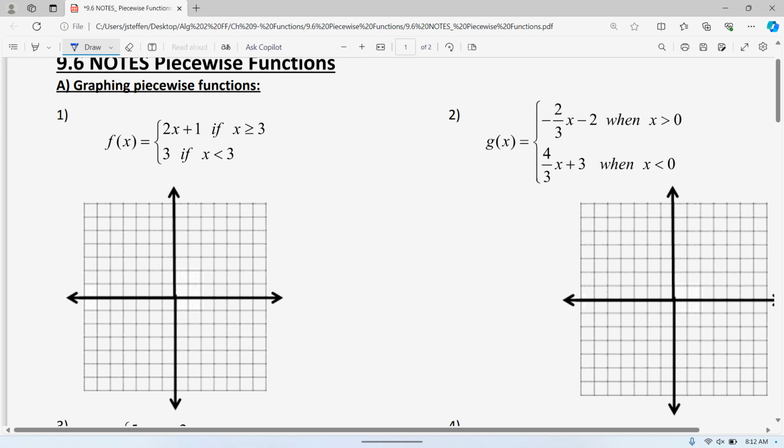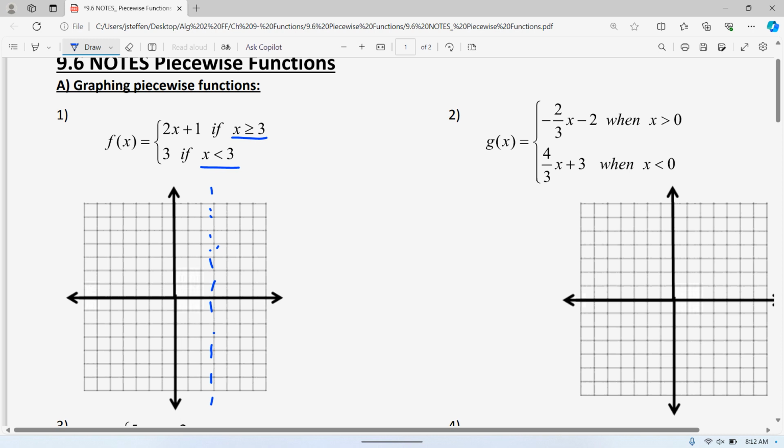So the way you do this, and what I would recommend, is before I do anything, I like to see where things start and where they stop. A lot of times that will be the same number where they start and stop. It does not have to be, but I like to say, okay, so over here 3. That's the break. I'm going to have one line before that, and one line after that.